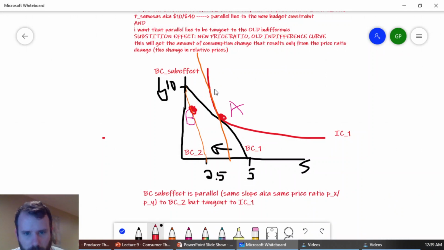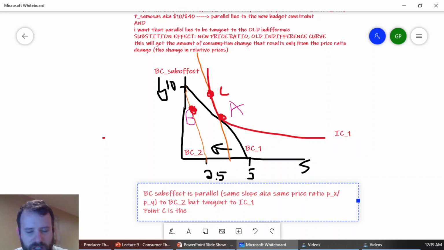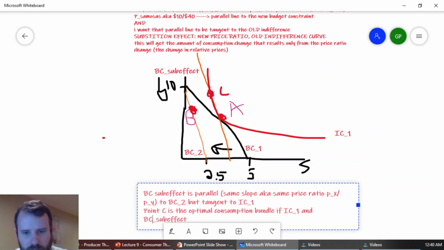So then I'll draw point C. Okay. Point C is the optimal consumption bundle for IC1 and BC sub effect.